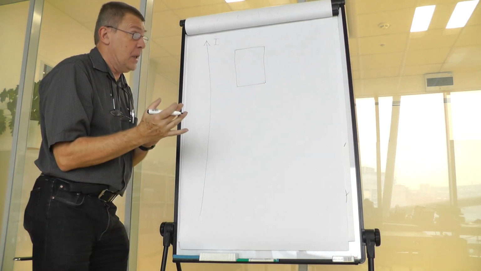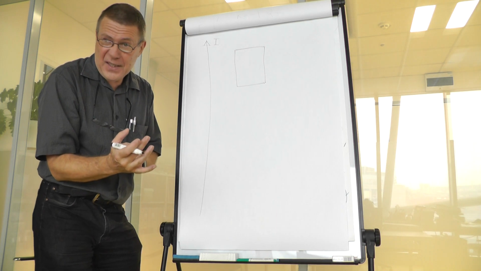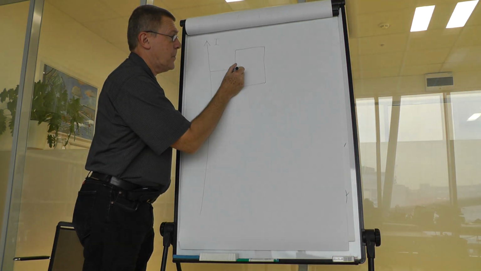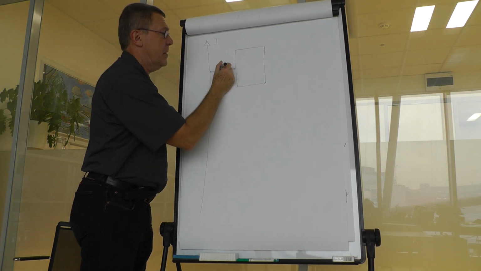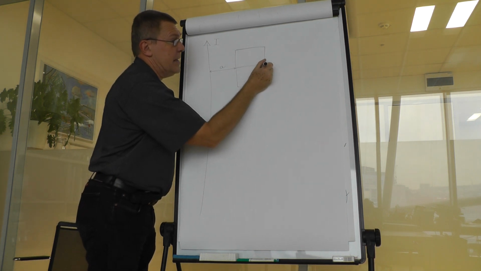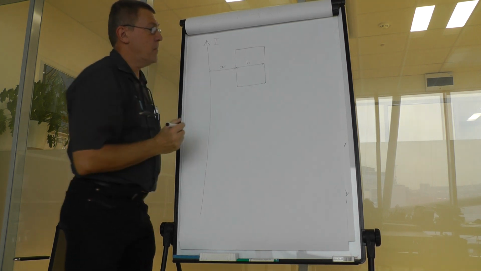In order to be able to do that, we would have to add some dimensions on the picture. So first, this distance would be small a. Now, this distance of the loop would be small b.